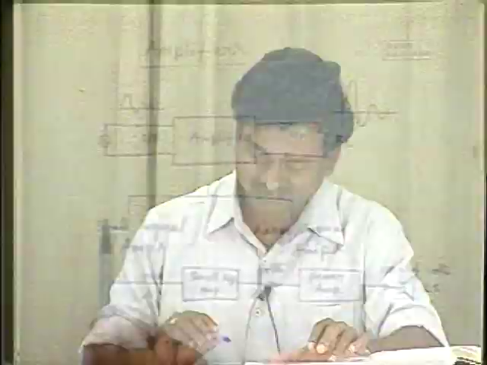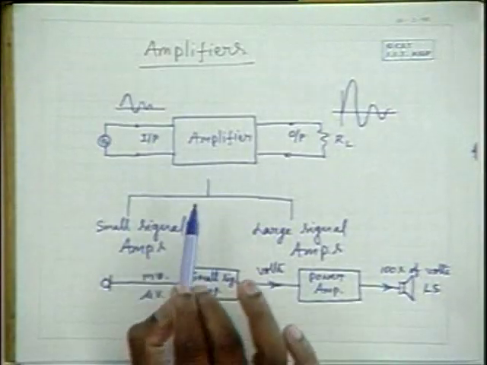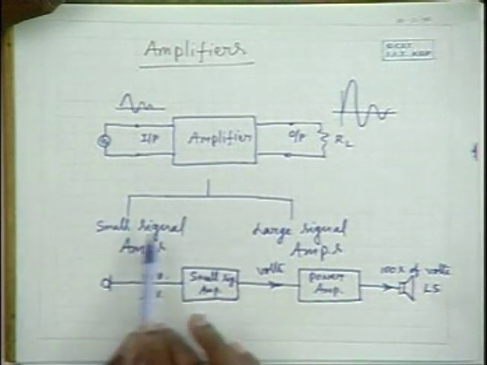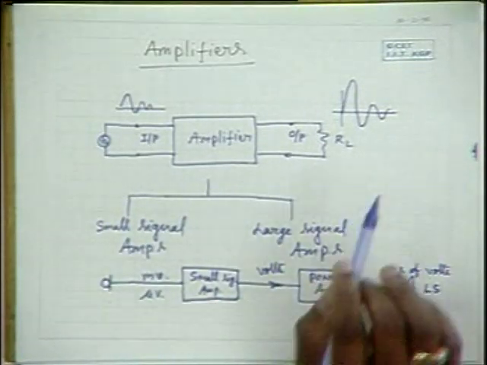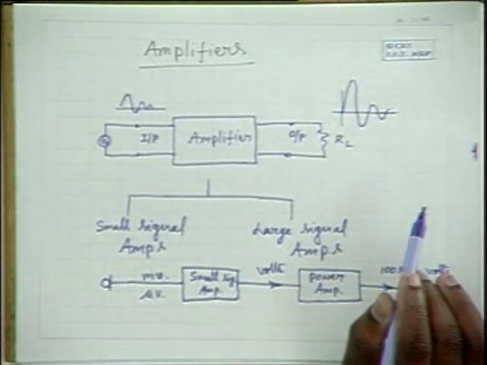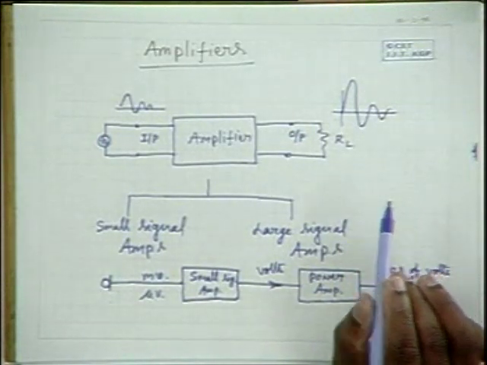Now there are different transistor models available which are applicable for different applications. We have seen that transistor amplifiers can be classified as small signal amplifiers and large signal amplifiers depending on the amplitude of the input signal that is to be amplified.